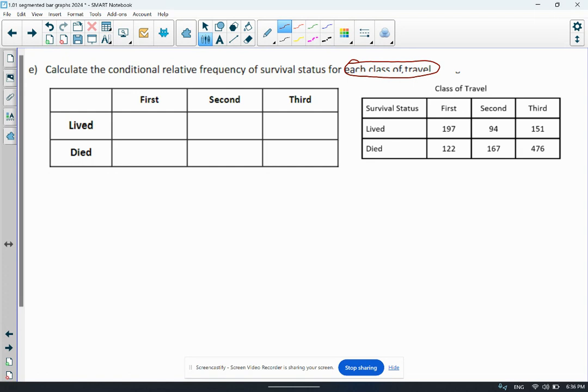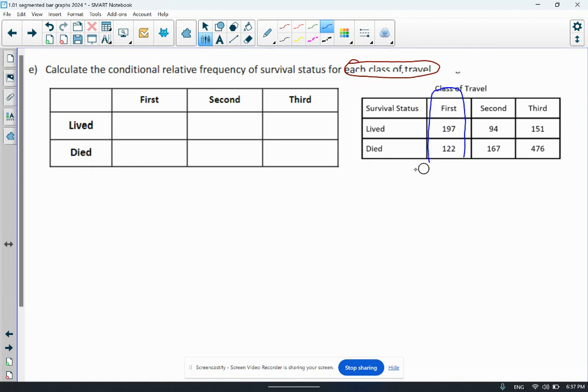That's what's going to go into the denominator. And that's important because you could find the relative frequency of class for each survival status. But now what we're looking at is the condition of class. So you're looking at first class first.